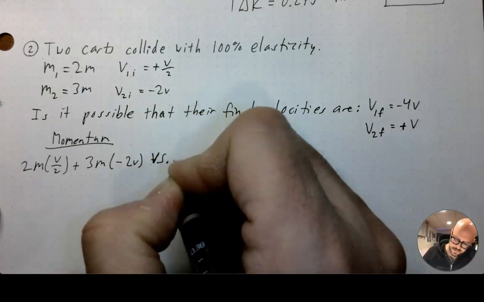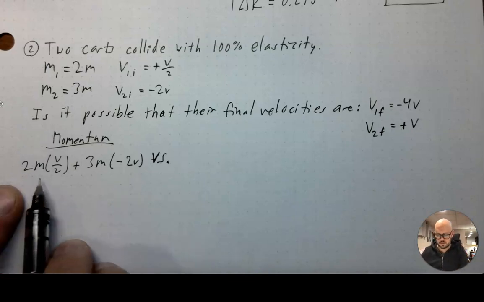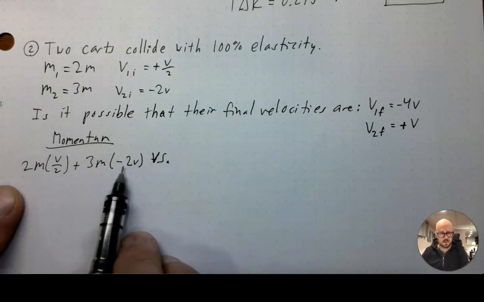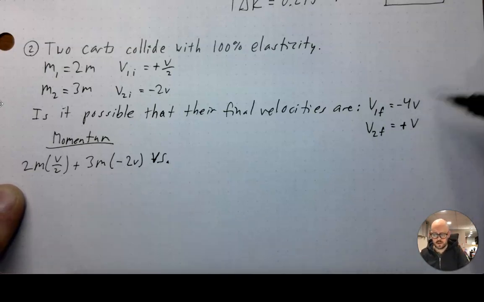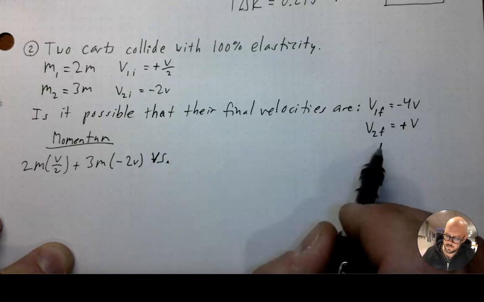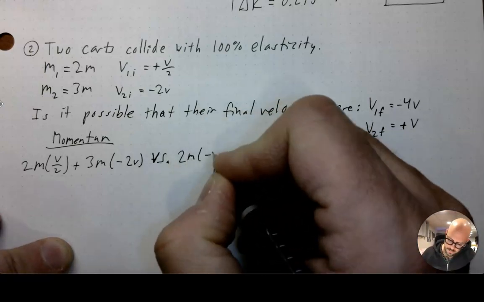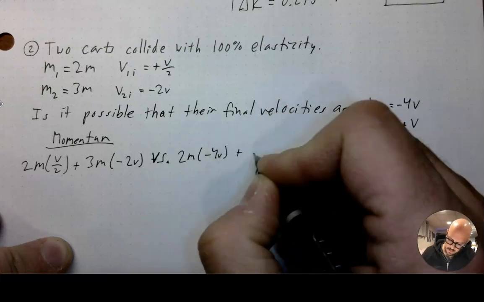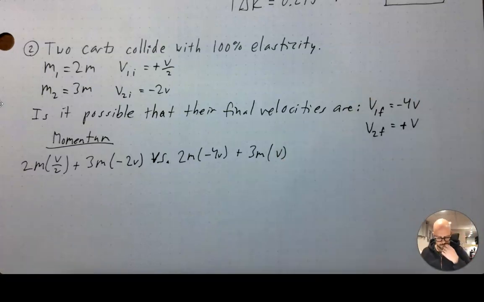I'm going to write versus because I'm just going to compare the before and the after. So this is the initial momentum of the system. And now, imagining that these are the final velocities, I'm going to find the momentum of the system after the collision based on that. So 2m times negative 4v plus 3m times positive v.